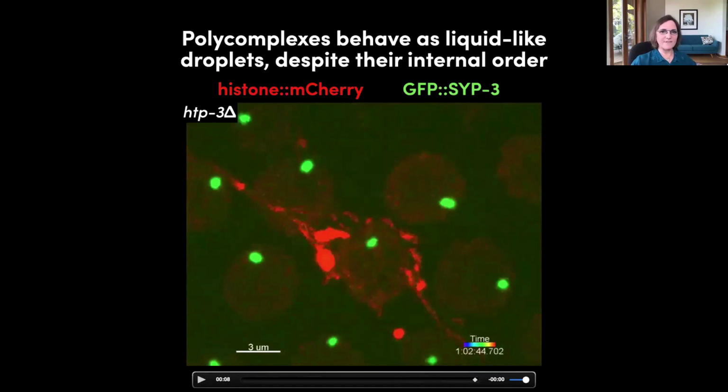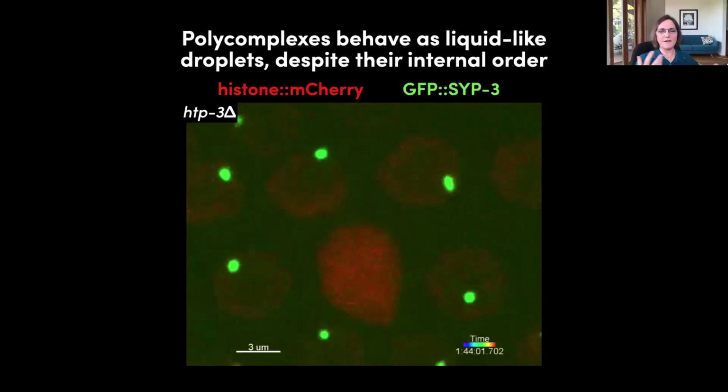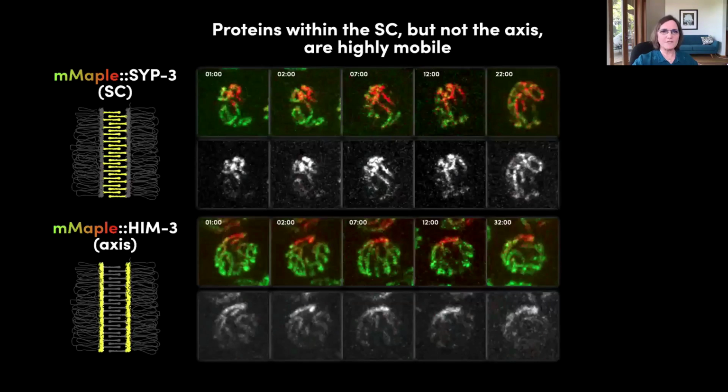This kind of dynamic behavior of a body implies that the molecules within it, in this case the synaptonemal complex proteins, are able to move and rearrange themselves freely, which is a liquid-like behavior. We wanted to test whether the proteins within SCs between chromosomes also show this kind of dynamic behavior. To do this, Ofer tagged one of the synaptonemal complex proteins with a photoconvertible fluorescent protein, mMAPLE.